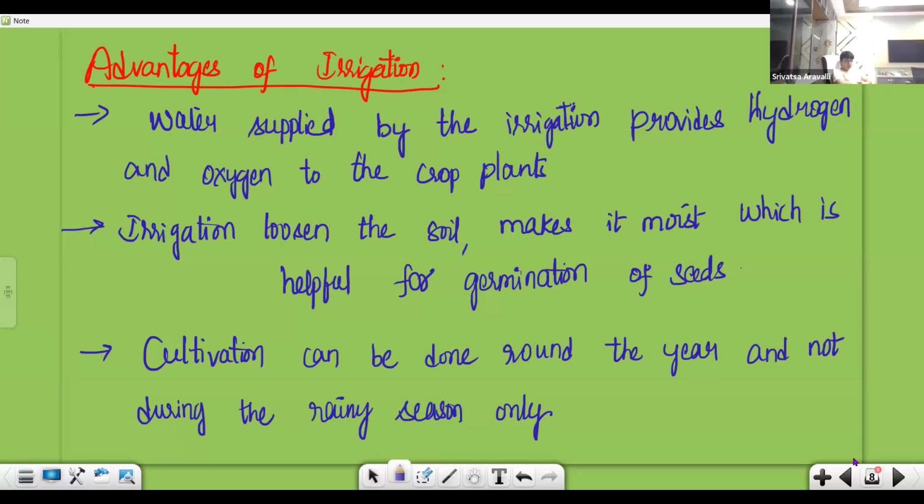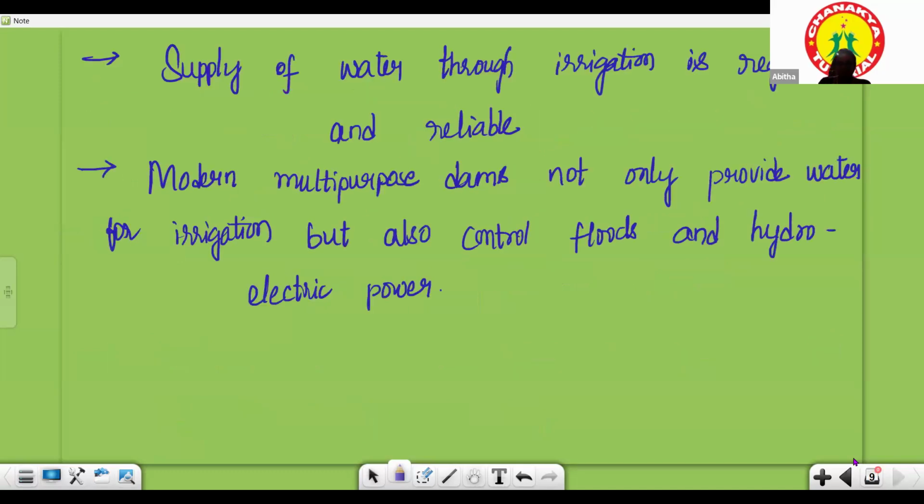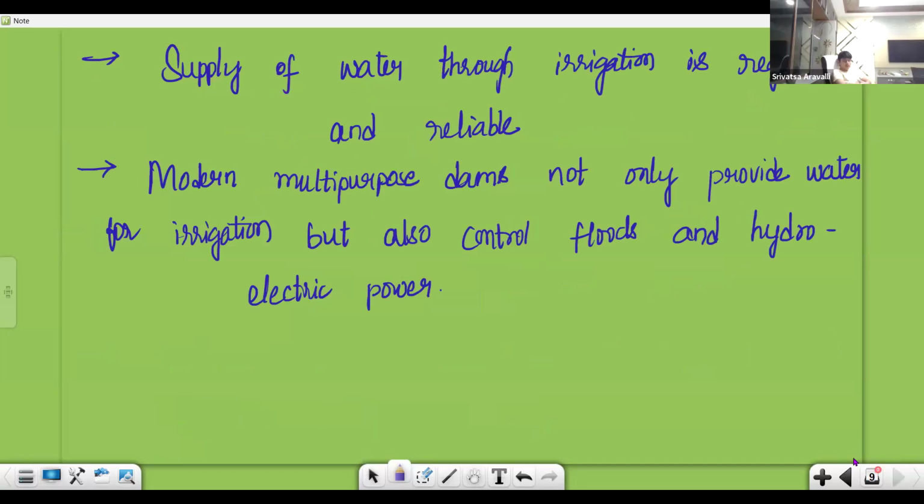Cultivation can be done round the year and not during the rainy season alone. Supply of water through irrigation is regular and reliable.